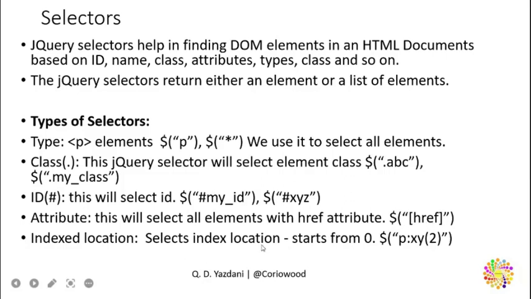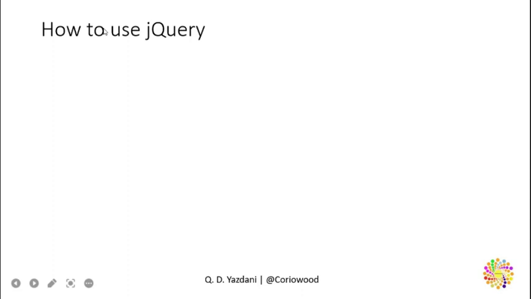What about the index? jQuery can target this one as well. So jQuery can select all these DOM elements. You can manipulate whole documents, everything inside the HTML, with jQuery through the jQuery selectors.